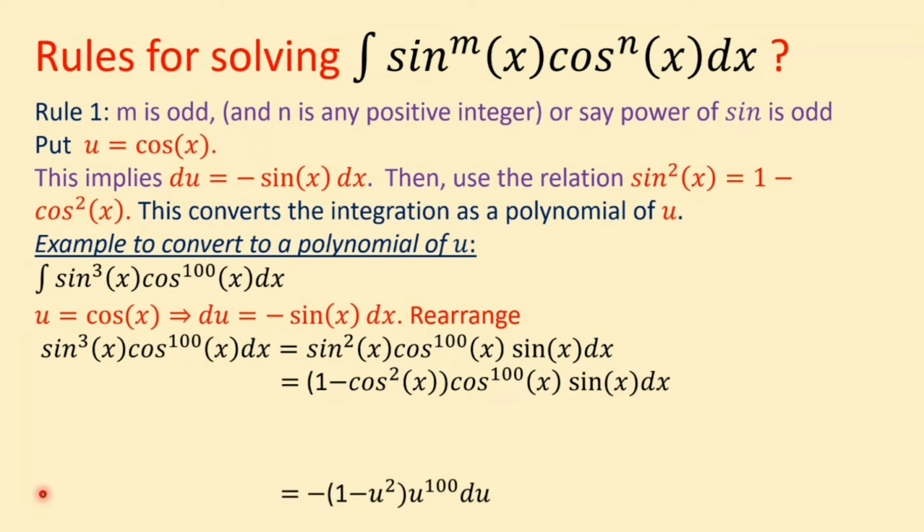So you will get minus du for the sin x dx, and here 1 minus cosine square x is 1 minus u square, and cosine to the power 100x is u to the power 100. Now we can simplify it and you will get powers of u, and power integration, you know how to solve it.